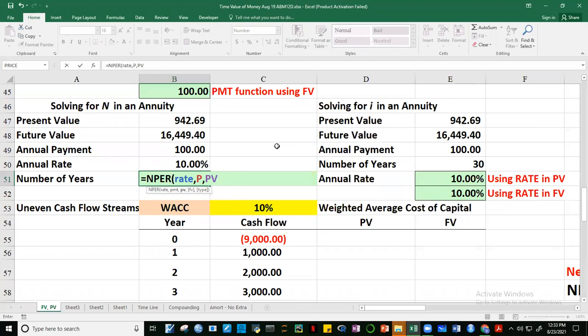Kaso guys, mali yung maglalagay tayo ng negative dito. Hindi natin pwedeng lagyan ng negative si N per at saka si rate. Ang pwede lang natin lagyan ng negative yung mga cash flows natin: PV, FV, PMT. So dito lagyan natin ng negative P na lang. There. So it's correct, 30 years.